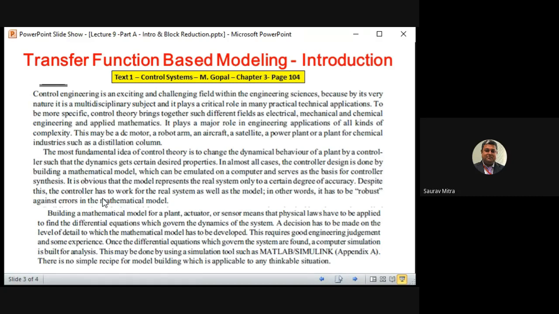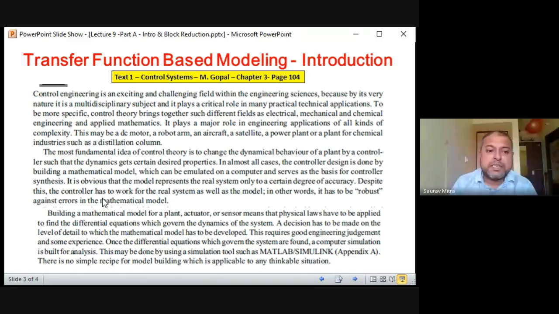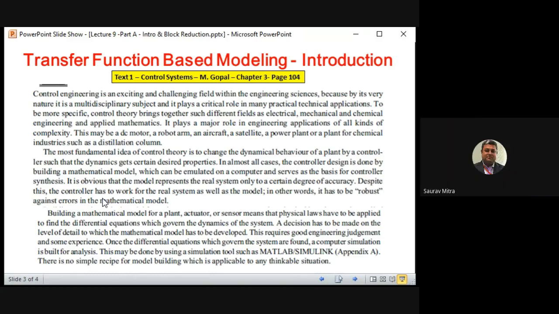Finance and economics also. So it plays a major role in engineering applications of all kinds of complexity. This may be a DC motor, robotic arm, aircraft, satellite, power plant, or a plant for chemical industries such as a distillation column. All this system modeling is possible and controllable by using control systems.